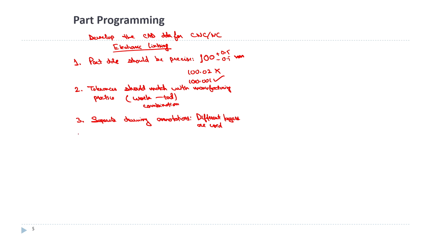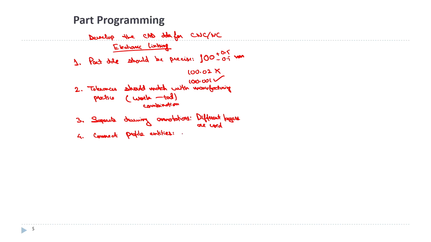Now, an important point here is that the profile entities must connect. Which means a typical machine tool will cut continuously only within maybe 0.0001 millimeter.